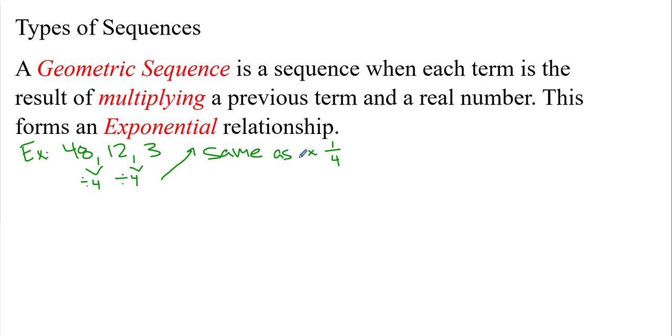Okay, so we're going to write our recursive formula. A sub n is equal to a sub n minus 1, and we are actually multiplying by 1/4. And then I got my semicolon, a sub 1, my first term. I'm starting off with 48.